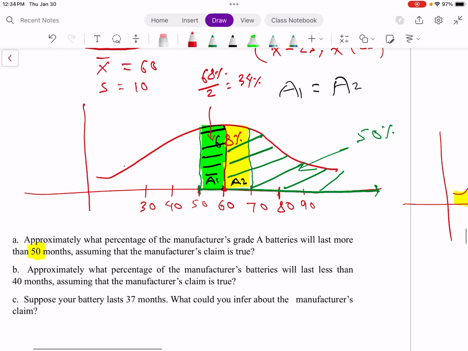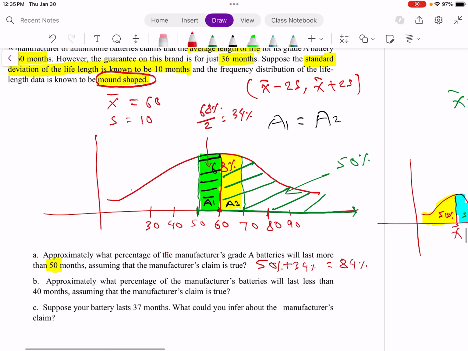So the percentage of grade A batteries that last more than 50 months is 84%.